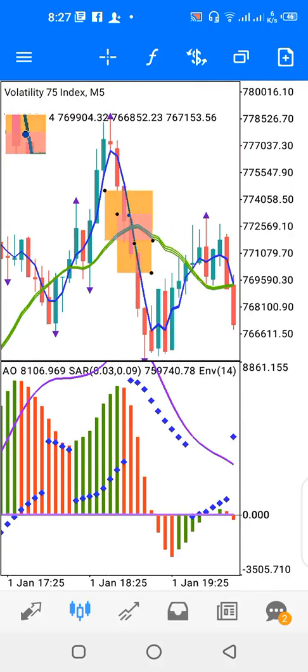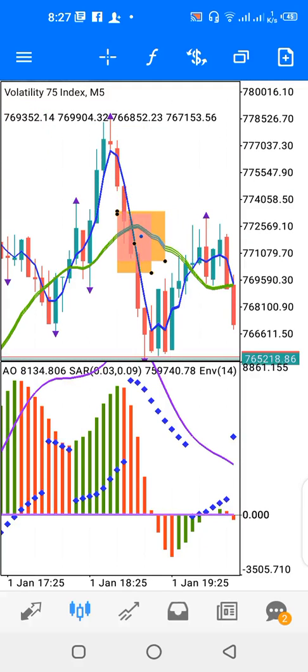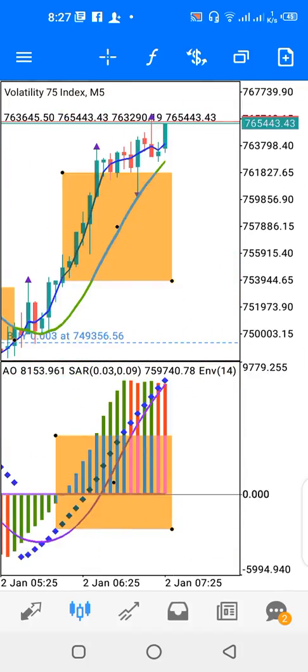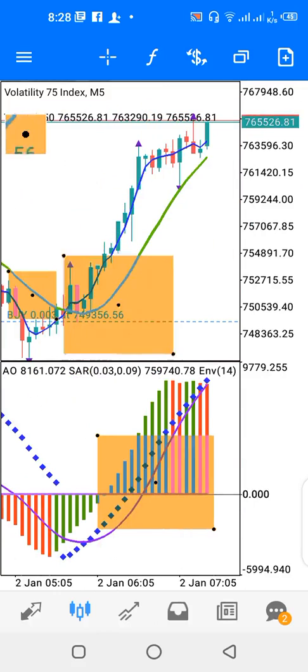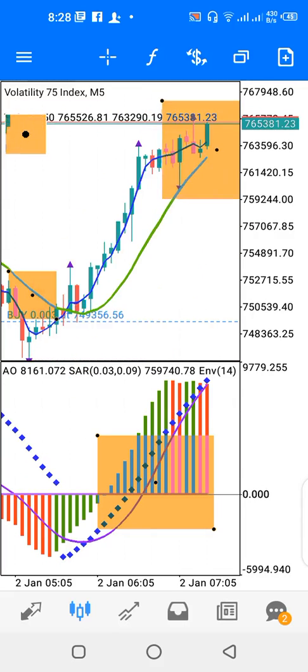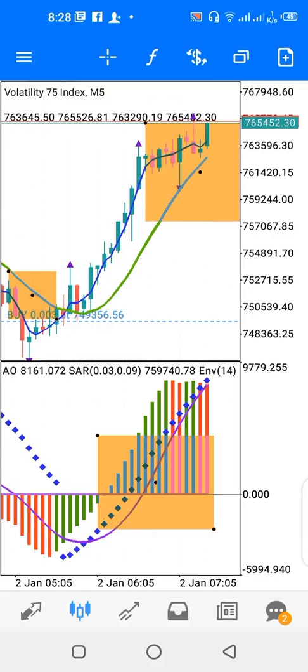You can count 1, 2, 3 candles before the cross, so this is a good signal. So that's that for the main window, and you can see price still going up. Here is where I took my trade, and price is still going up.